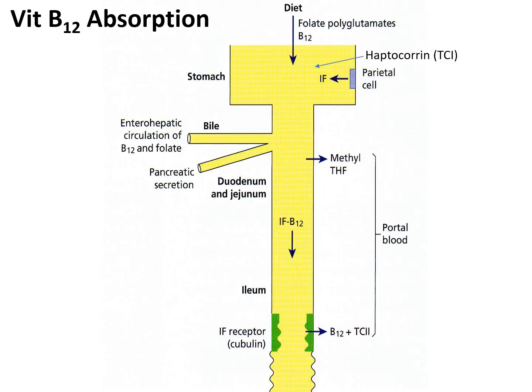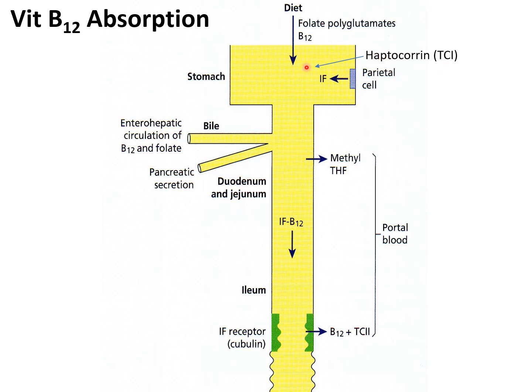Now, how is it absorbed? Vitamin B12 is taken in the diet and goes to the stomach. In the stomach, it is susceptible to acid degradation, but it is protected from this by a protein secreted there called haptocorrin, also called transcobalamin 1.